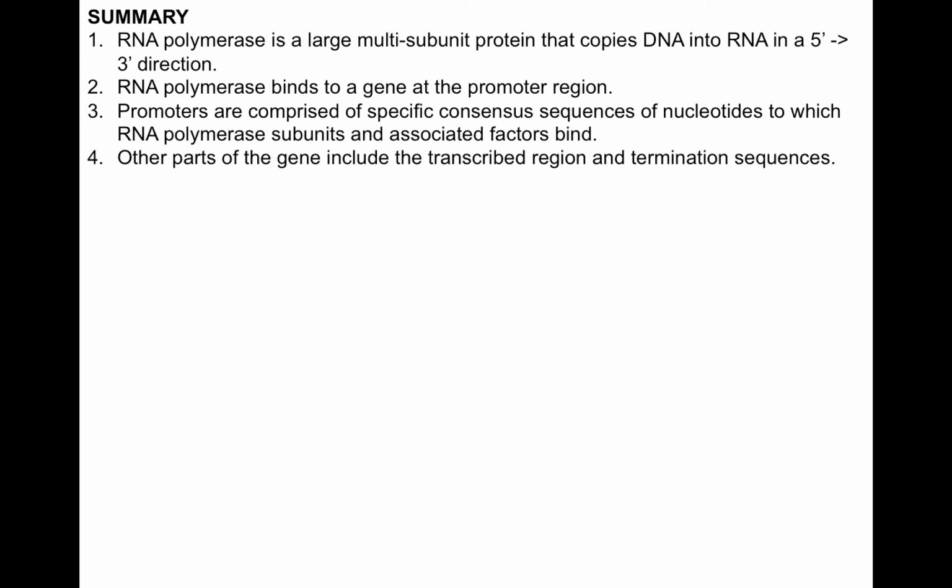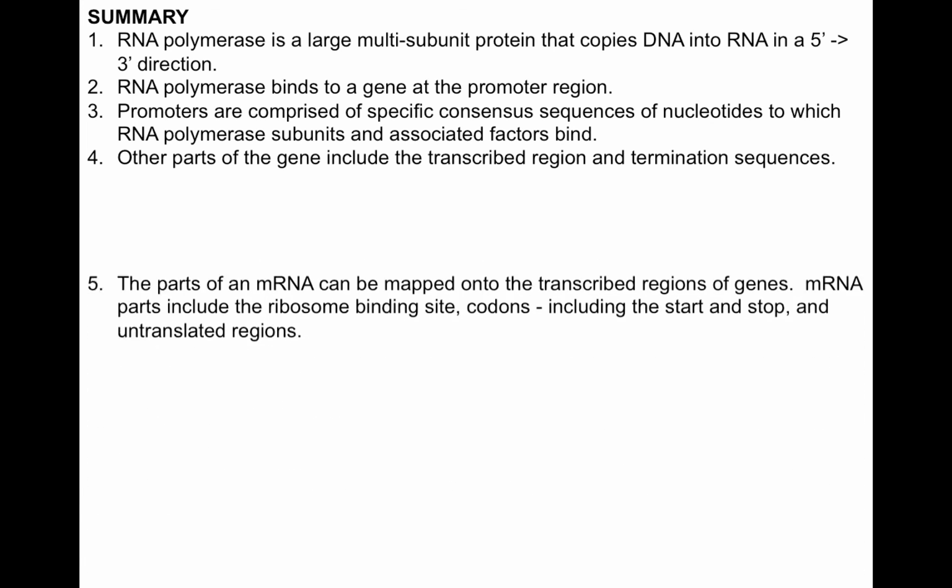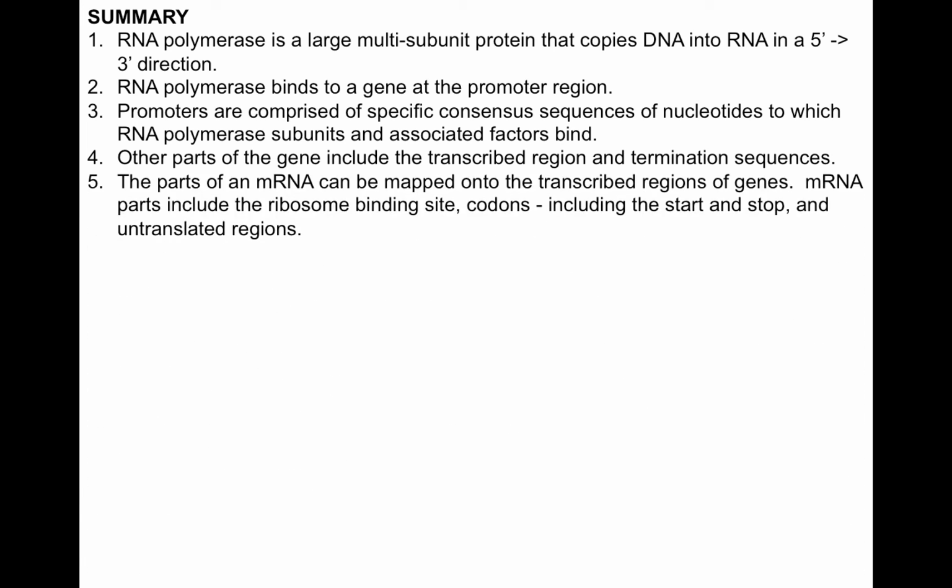Other parts of the gene include the transcribed region and termination sequences. The parts of an mRNA can be mapped onto the transcribed regions of genes. Messenger RNA parts include ribosome binding sites, codons, the start and stop codons, and untranslated regions.